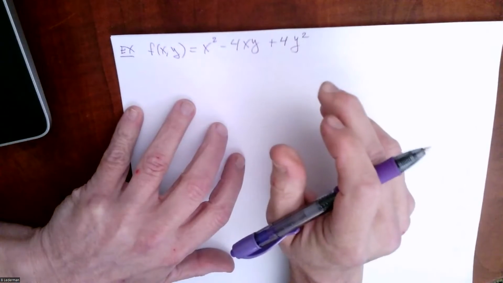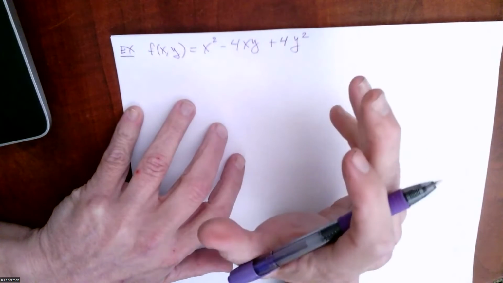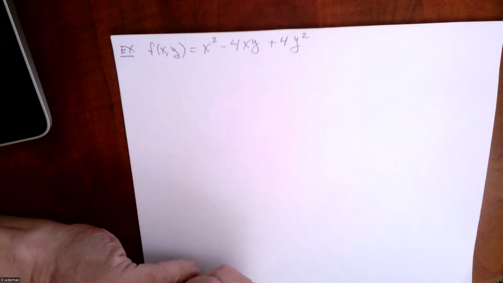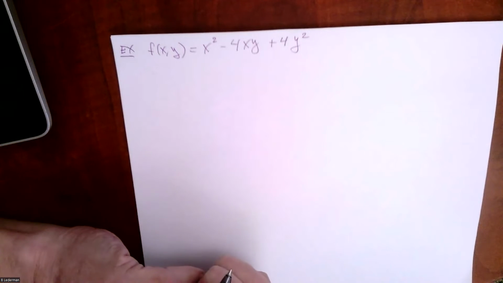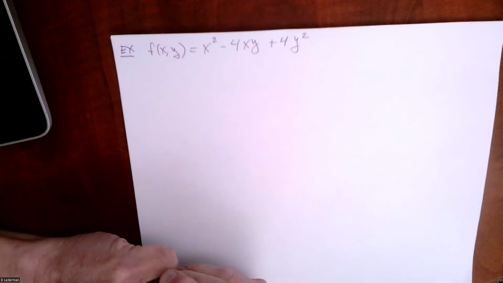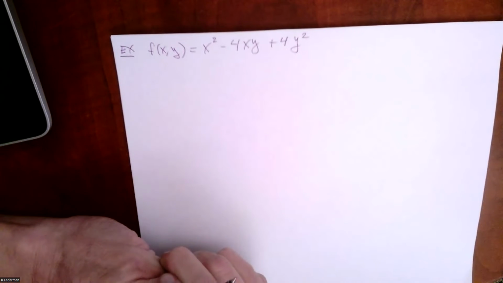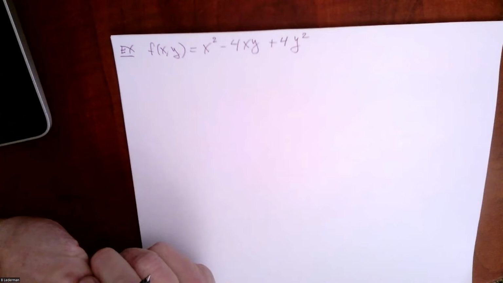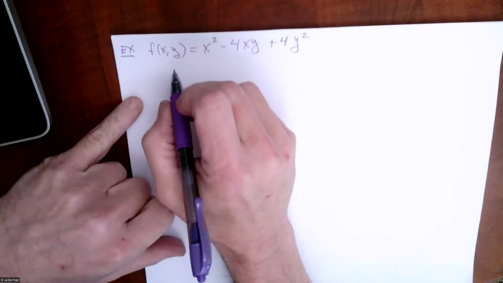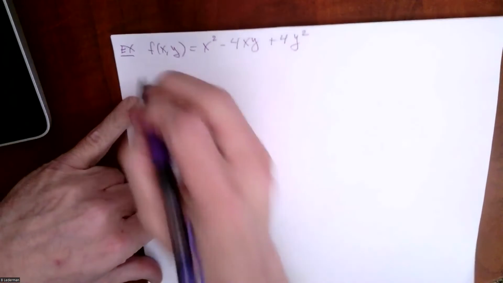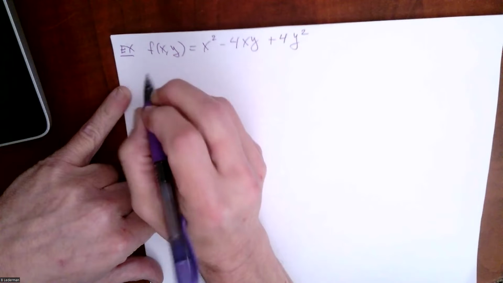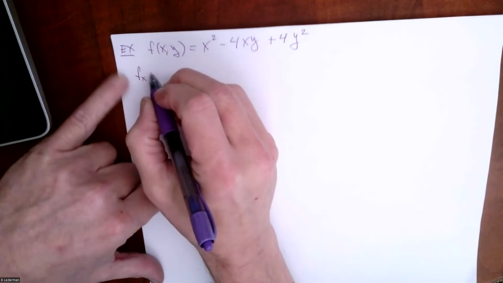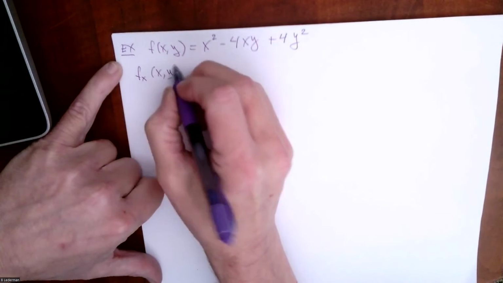So what I want to do is I want to freeze y, and I want to treat x as the variable. So as far as x is concerned, y is just a constant, and we're gonna take the derivative in that manner. Now, the notation for that, you write f sub x of x comma y.